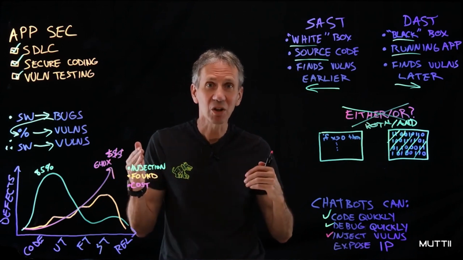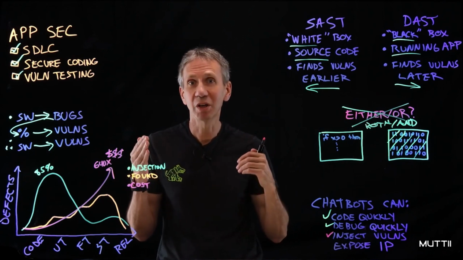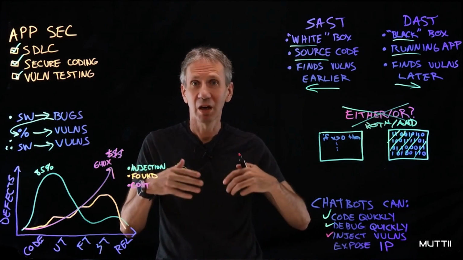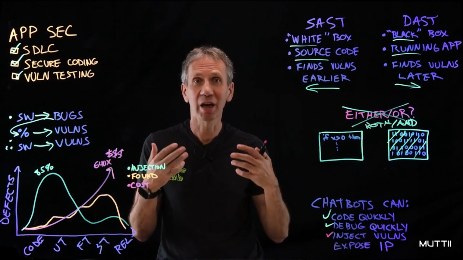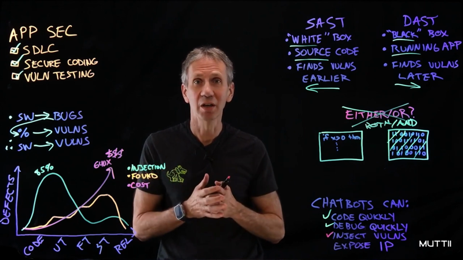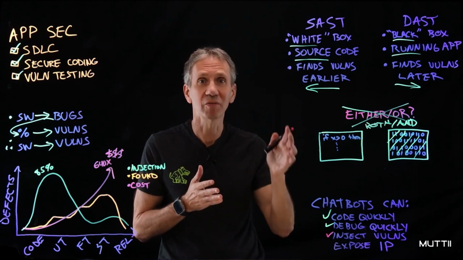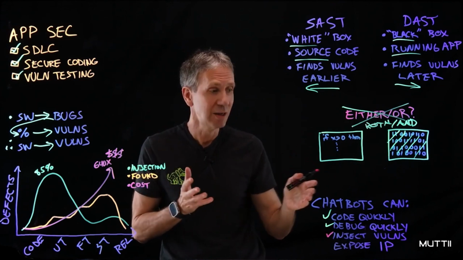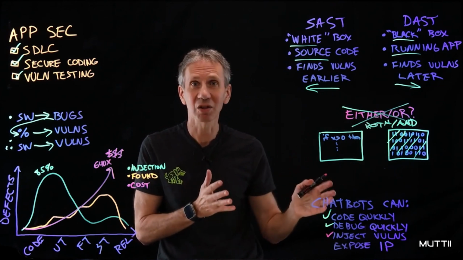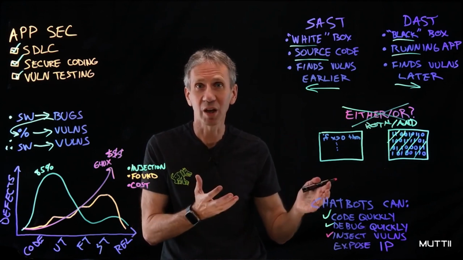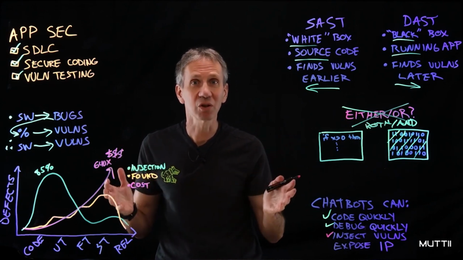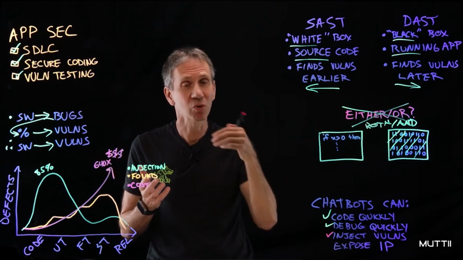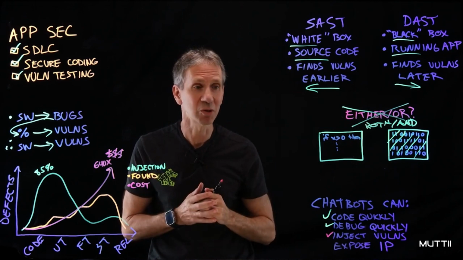So are you going to inspect all of that and make sure that the chatbot either didn't make a mistake that introduces a vulnerability, or maybe it's been engineered in a way, or someone has hacked it and it's intentionally putting a backdoor in so that all of your data is shared out with someone else, or that malware is introduced without your knowledge. So that's a big risk. It's not necessarily a trusted source, like an open source library where we've had potentially thousands of eyes looking at it and inspecting it. In this case, it just came right straight from the source and now you're putting it right into your code. So there's a big risk there.